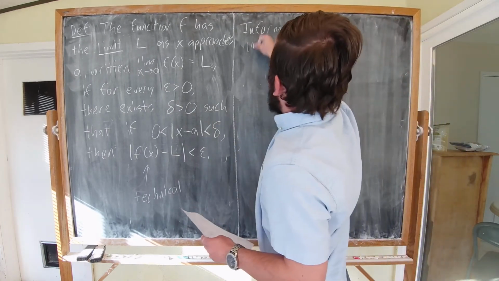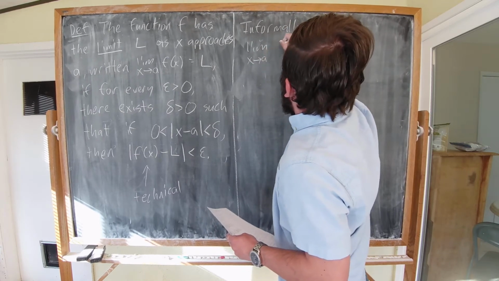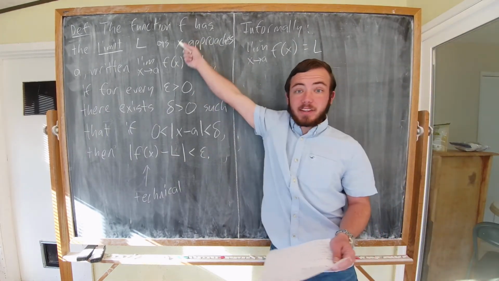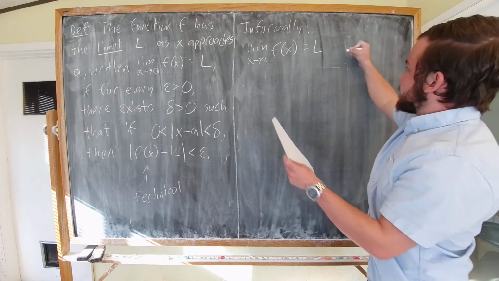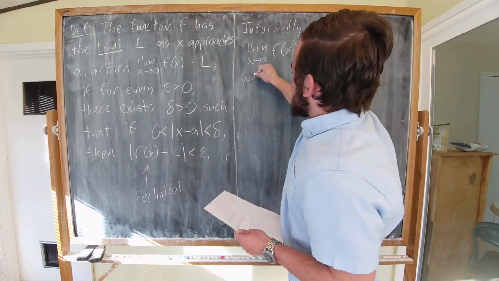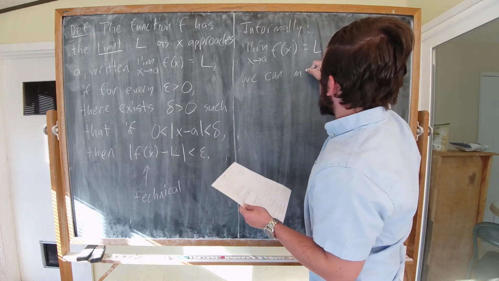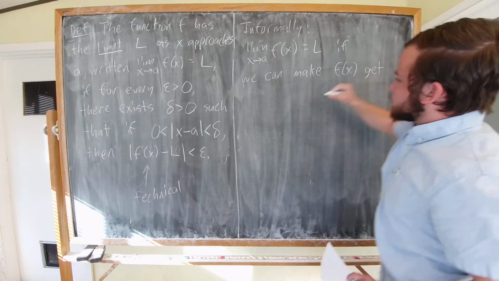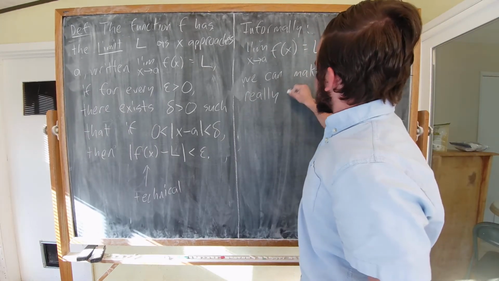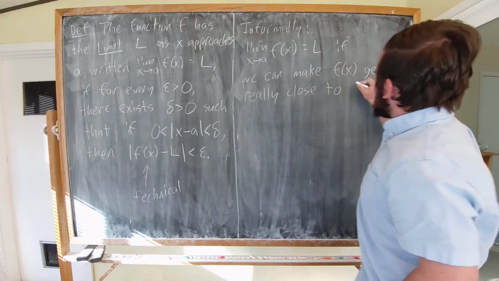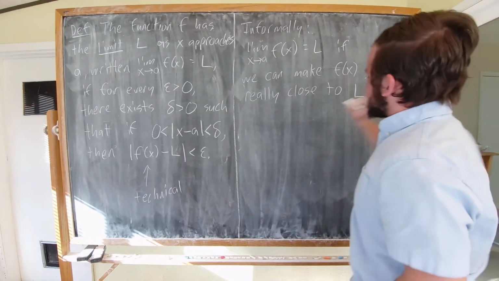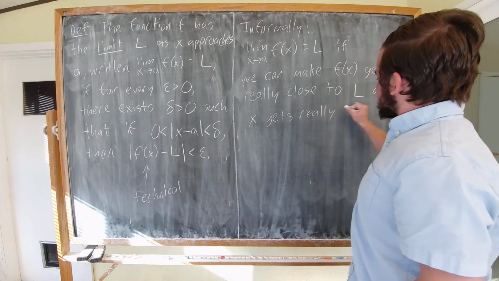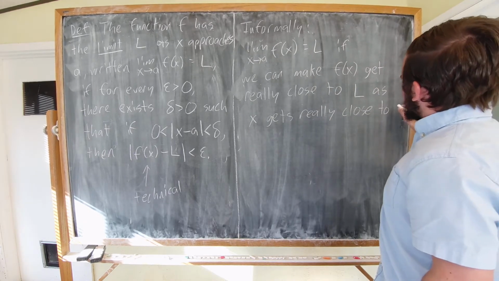Informally, the limit as x approaches a of f of x is equal to L. So we have the same situation. If we can make f of x get really close to L as x gets really close to a.